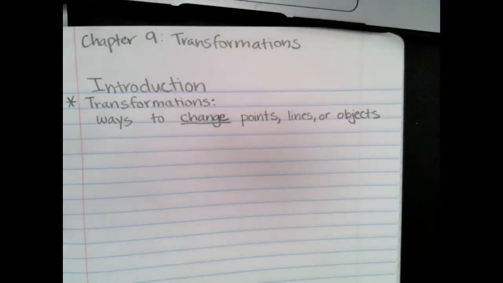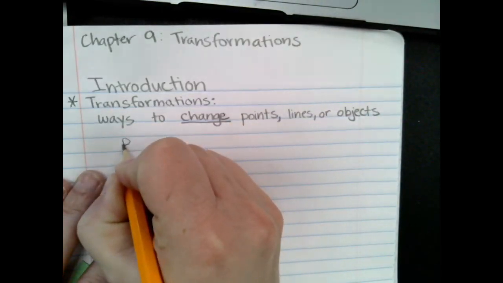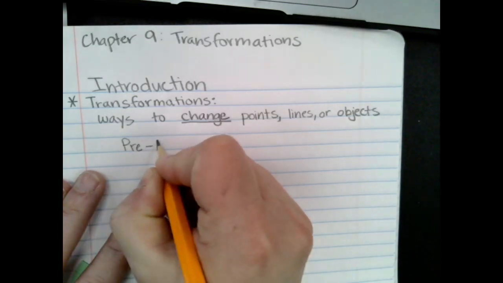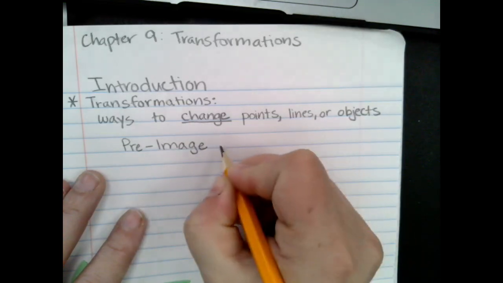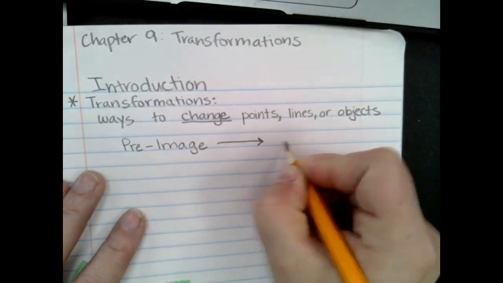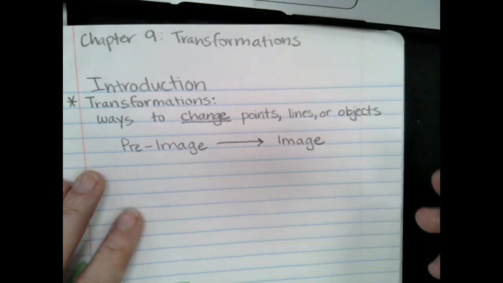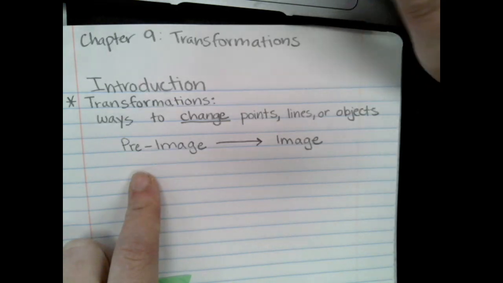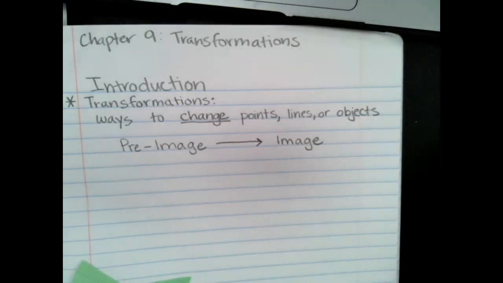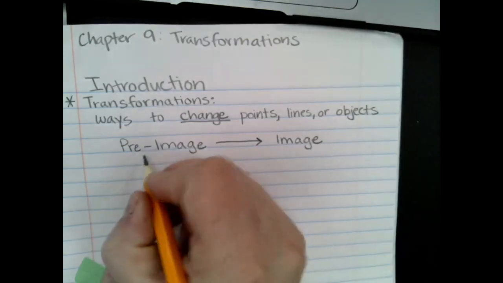Okay, so as we look at transformations, one thing that's going to be really important is what we call a pre-image and an image. What is that prefix? When you think of pre-image, what does that prefix pre mean? Yeah, before. So this is our before.